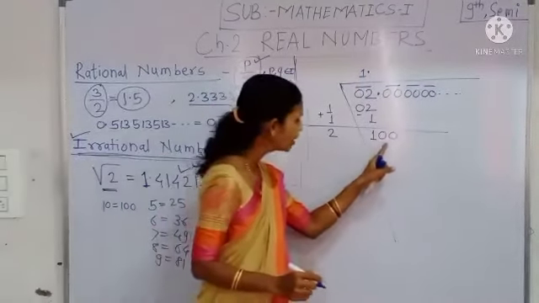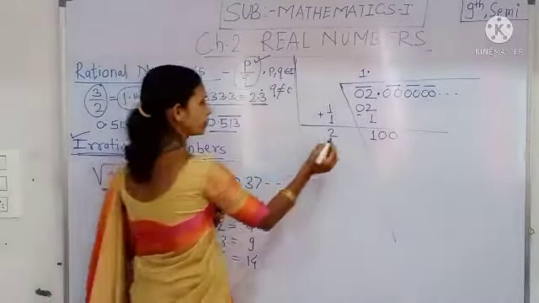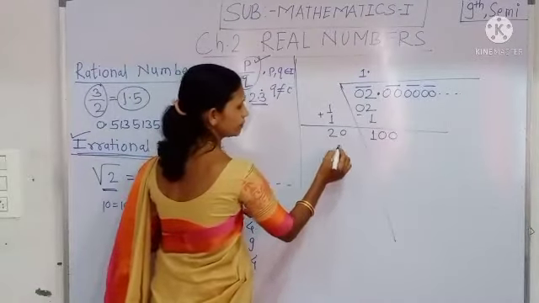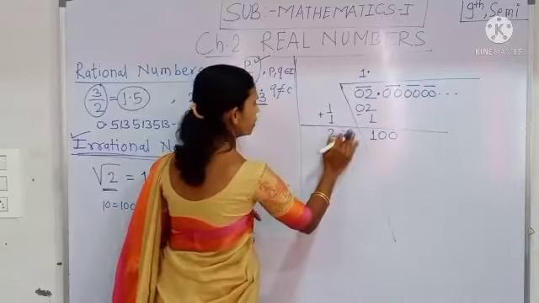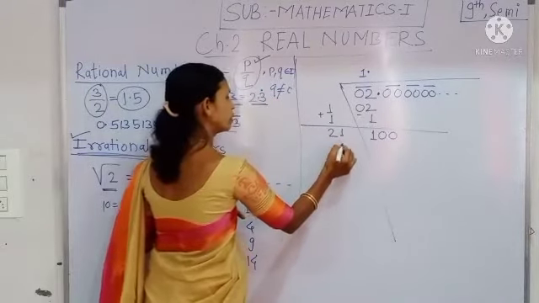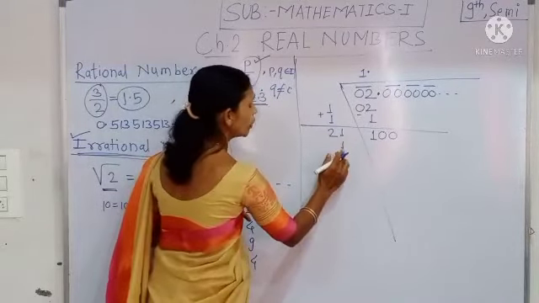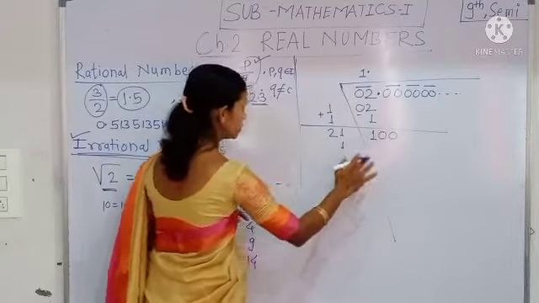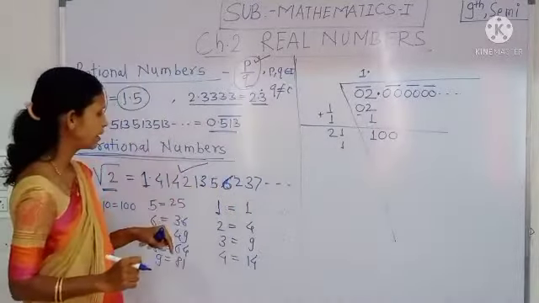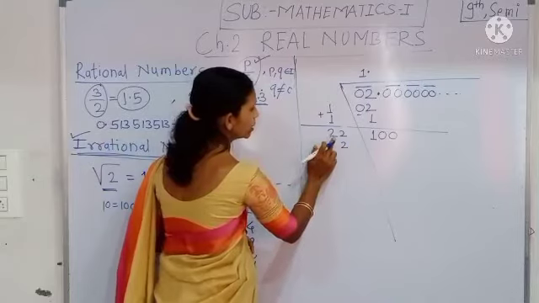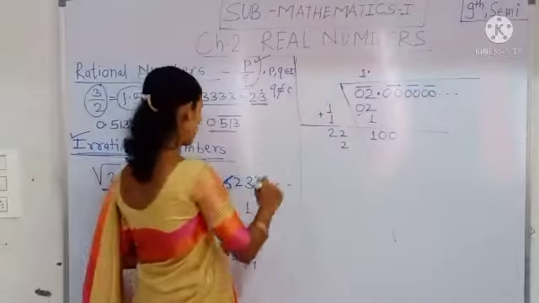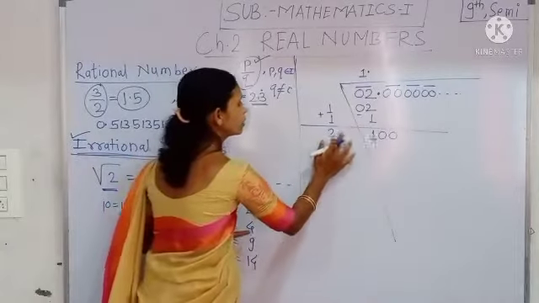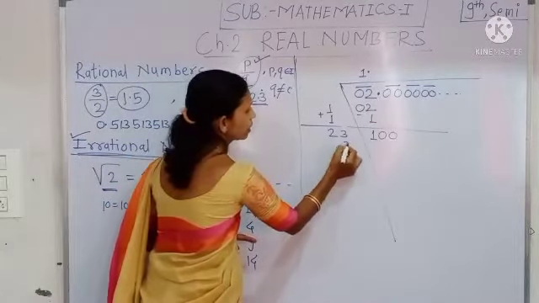Then 100 is there. If we put 0 here, then we get 20 into 0, 0, therefore putting 1, we get 21 into 1, 21, which is less than 100. Taking 2, 22 into 2, 44, which is much less than 100, therefore we take 3.